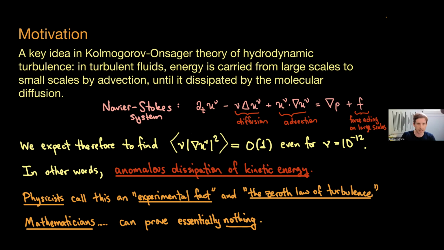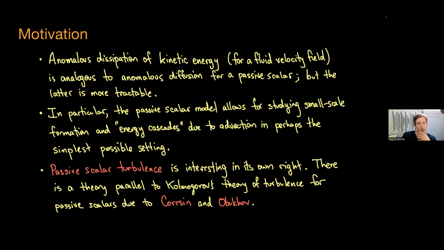Okay, so this is the basic idea. We want to have the more modest goal of trying to understand the passive scalar case. The passive scalar case is very analogous and is thought to have similar properties for similar reasons. The point is that the passive scalar is a little more tractable because it's a linear equation.